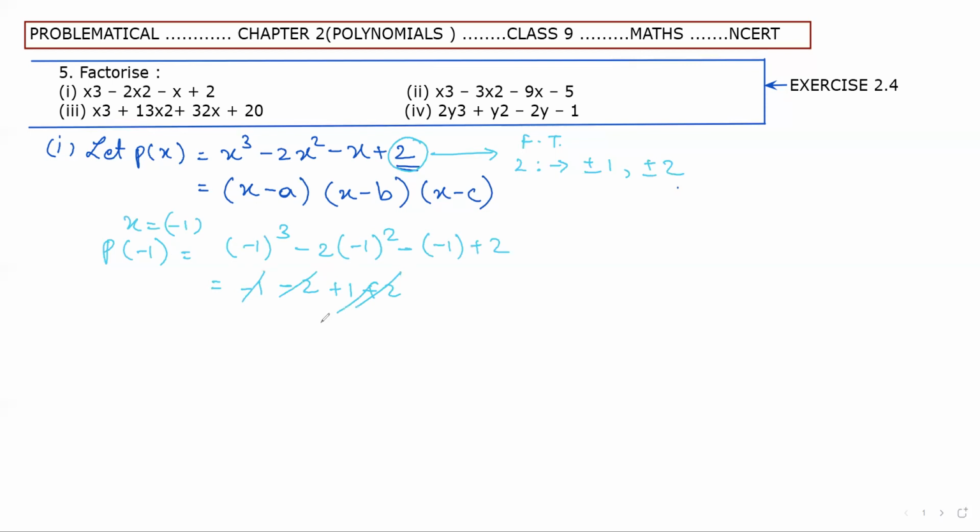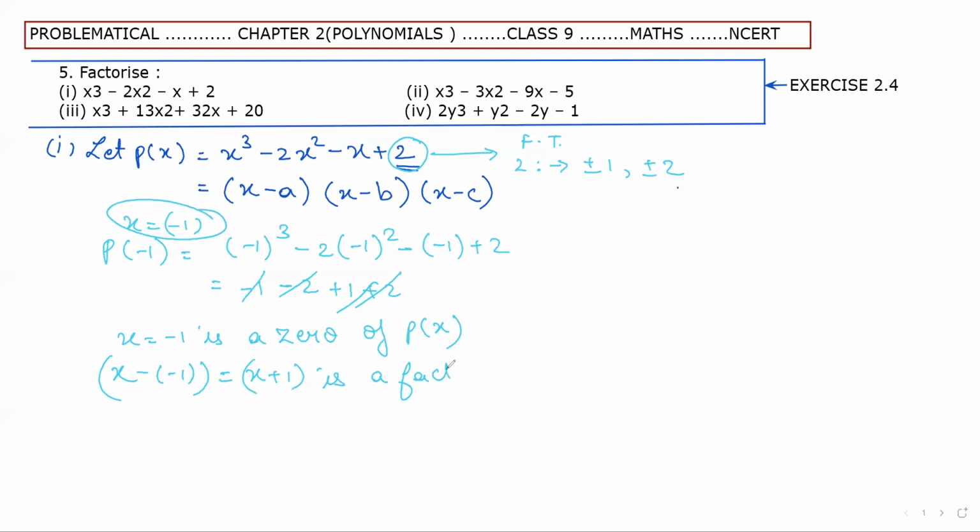Now, luckily, this remainder came around to be 0, so we need not solve it any further, which means that x is equals to minus 1 is a factor. X is equals to minus 1 is a 0 of p of x, which means x minus of minus 1, which is equals to x plus 1, is a factor of p of x.